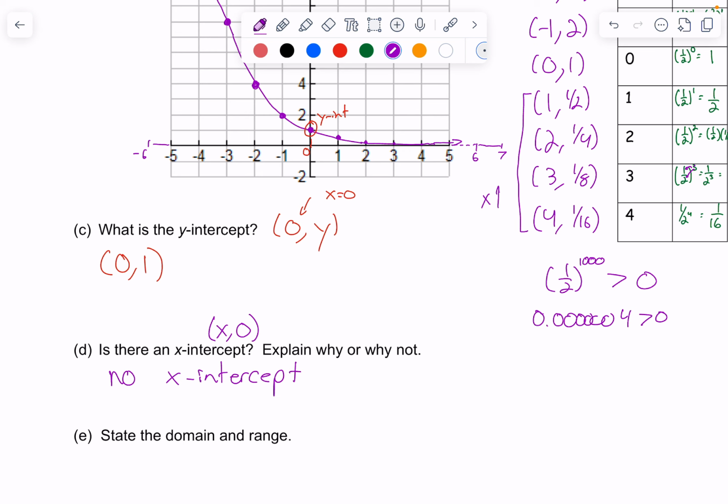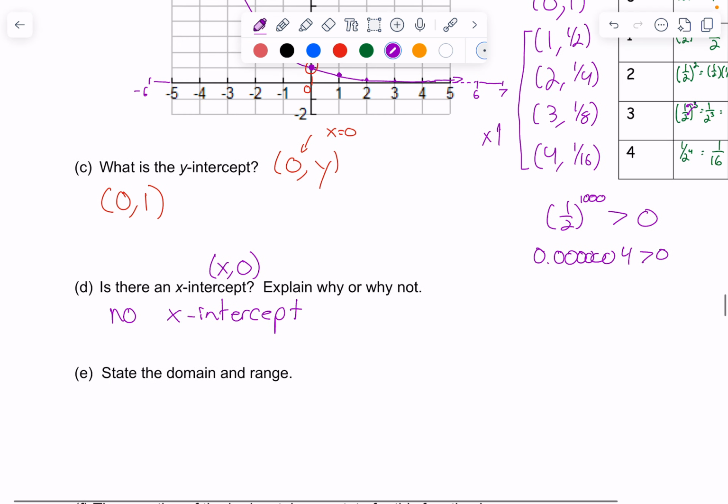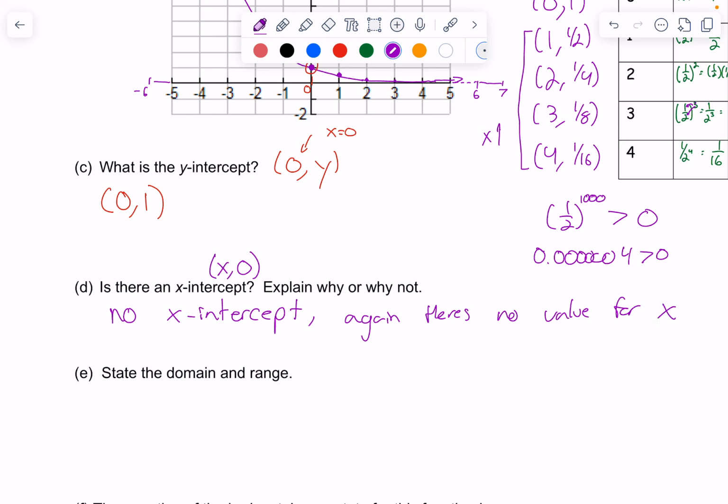And again, there's no value for x that would make f of x, which is equal to 1/2 to the x, equal to 0.